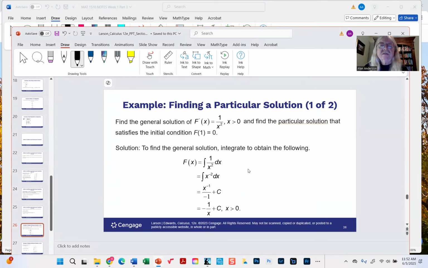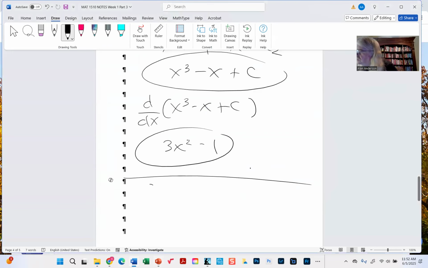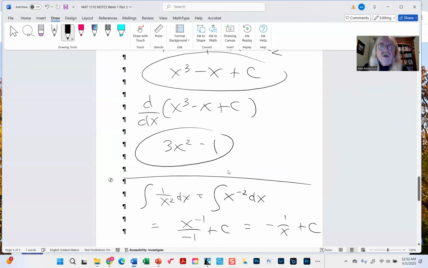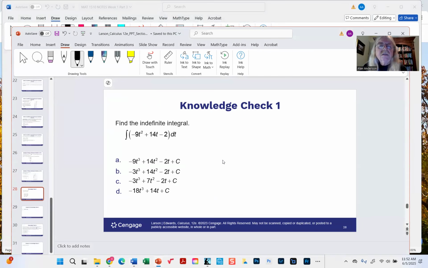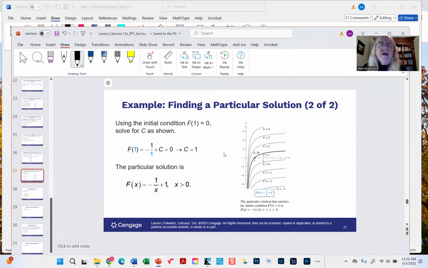If they give us the integral of 1 over x squared, let's see what are they doing. So what they're telling us is that we know for a fact that x equals 1 is on this curve.